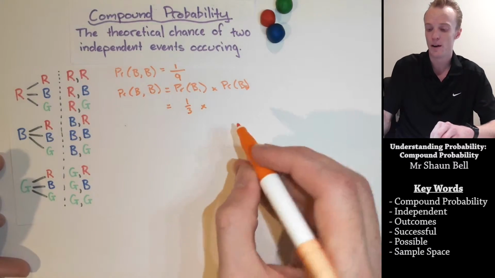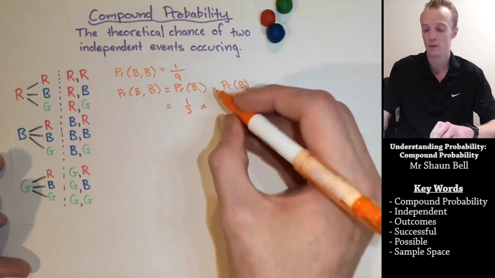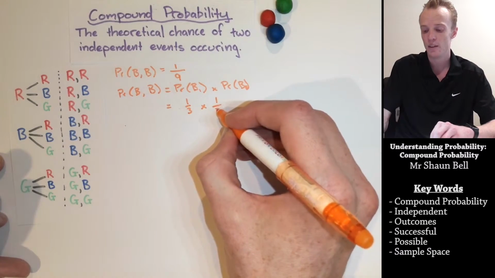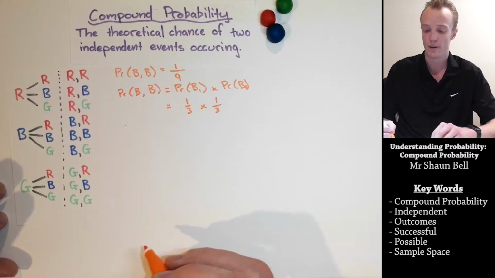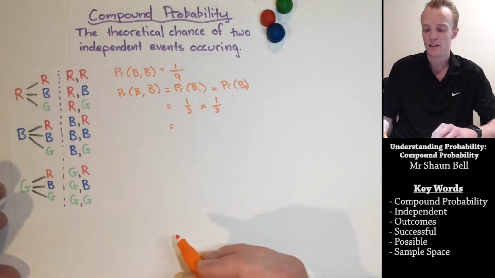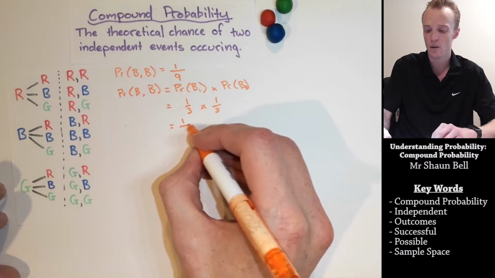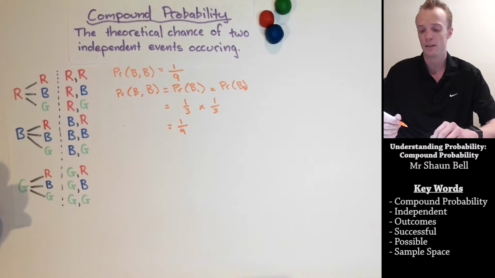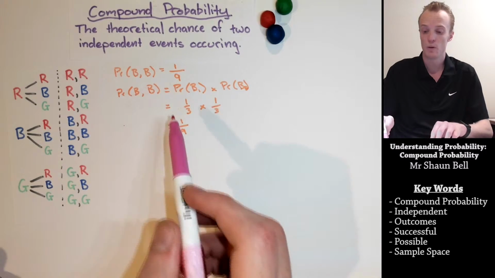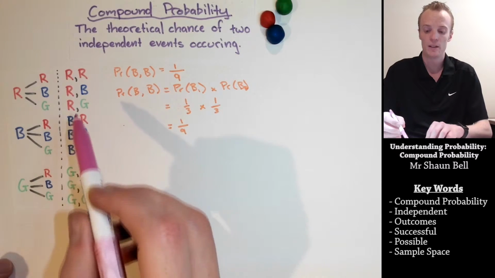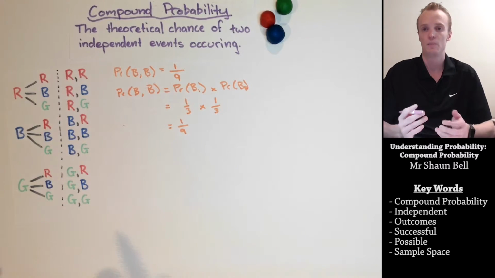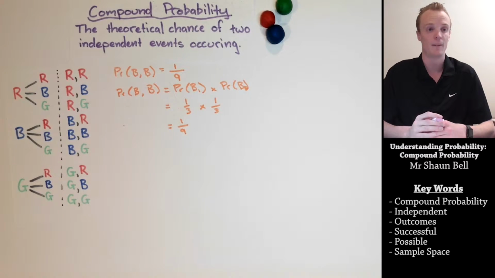And if we multiply that by the probability of getting a blue ball on the second selection, it is also 1 in 3. When we multiply these two values together, it gives us a 1 in 9 probability, which is what we found before. However, we didn't actually need to list the total outcomes here to find out this probability.